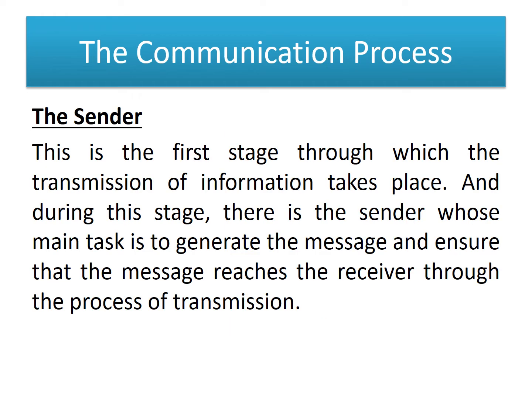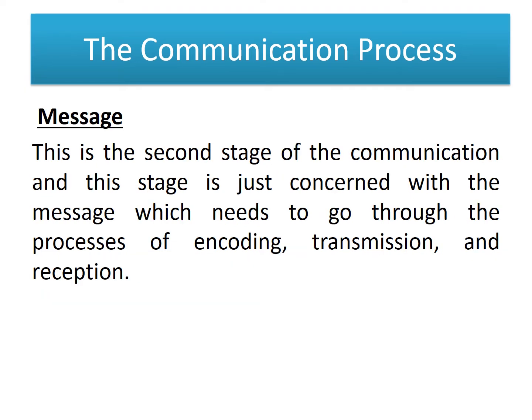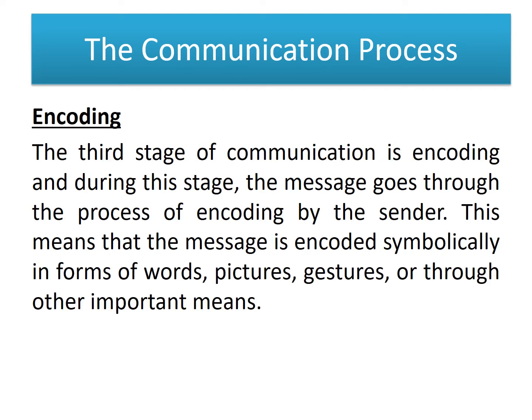The sender, which is also called the source, is the first stage of the communication process. It can be an individual or an organization. The message is the goal or purpose of communication. It is originally in the mind of the person, which is then encoded in some tangible form.